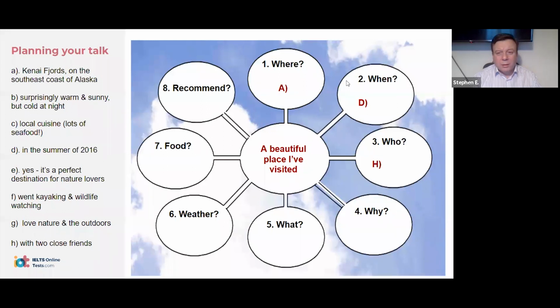Number 4. Okay. So love nature and the outdoors.